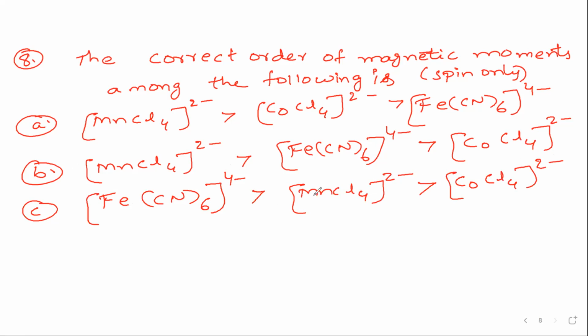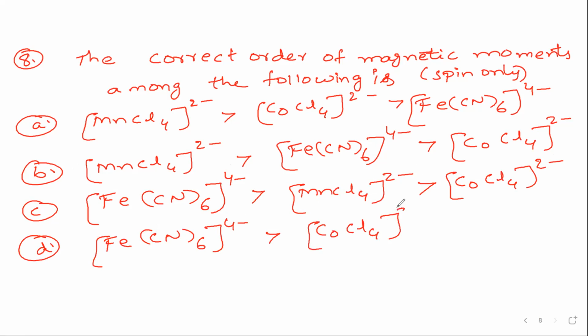And option D, the final option: Fe(CN)6 4- greater than CoCl4 2- greater than MnCl4 2-.